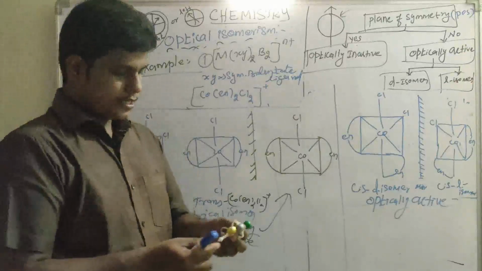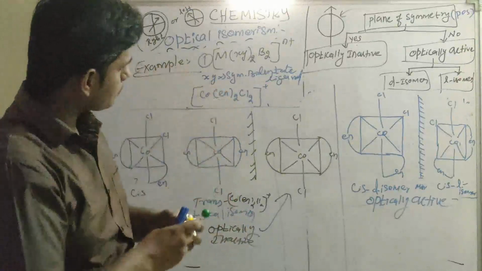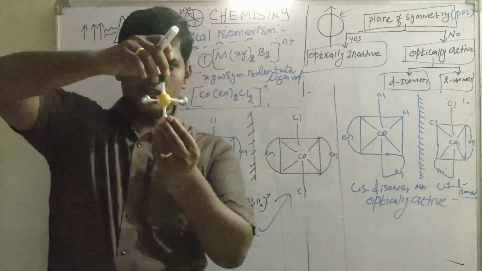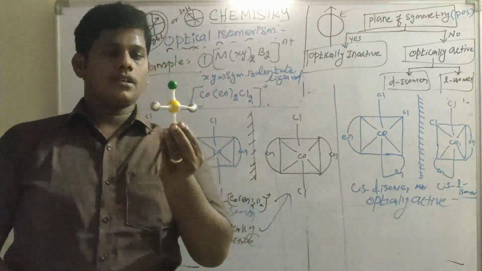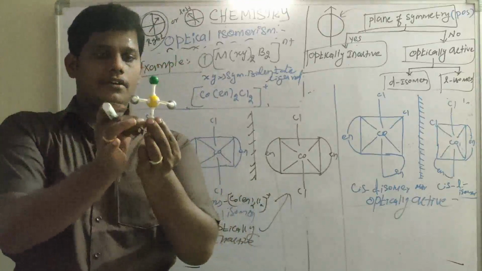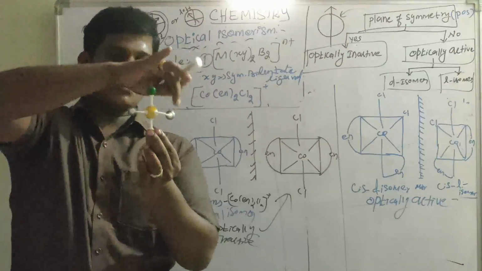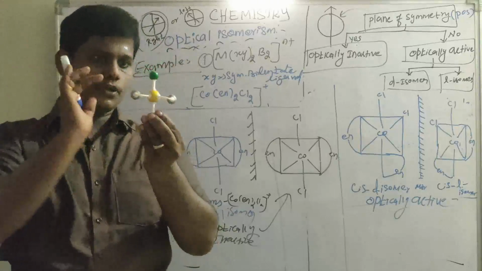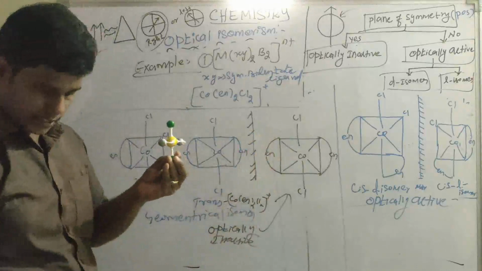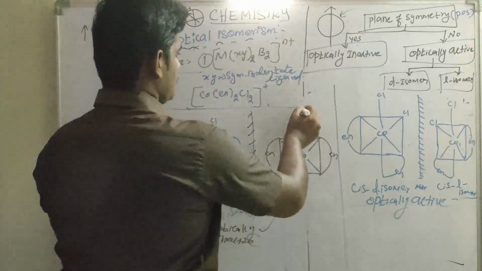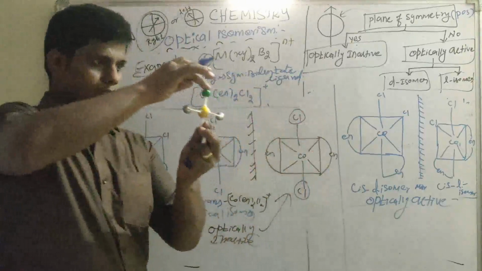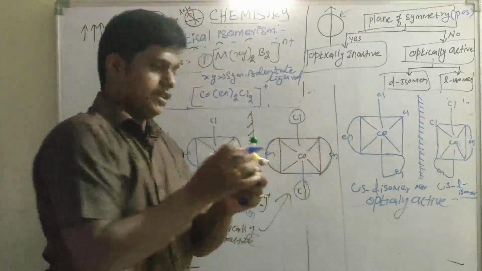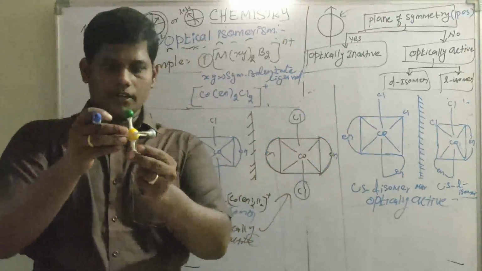So let us now discuss this kind of example. You see this compound, the trans one. It is an octahedral complex with monodentate ligands, and the bidentate ligand is en. There is an axial position and an equatorial position. The two Cl atoms are monodentate.